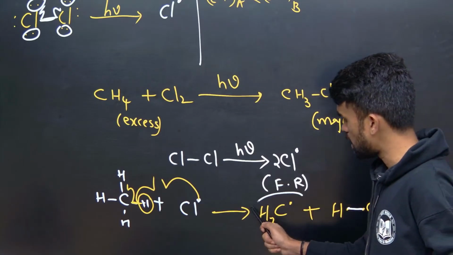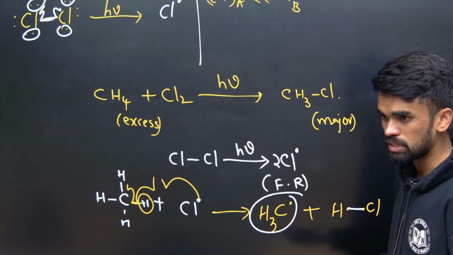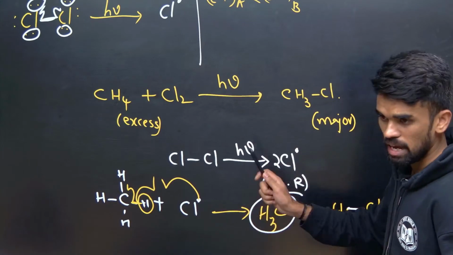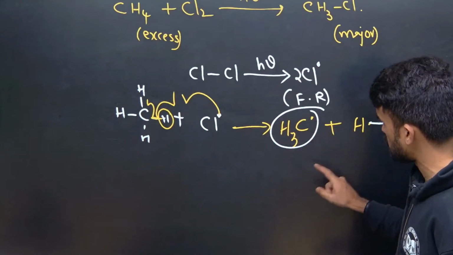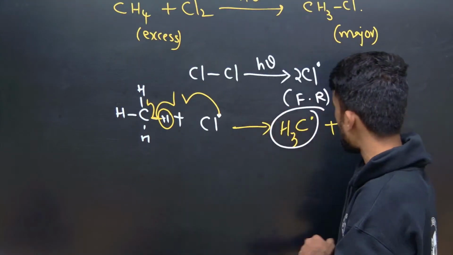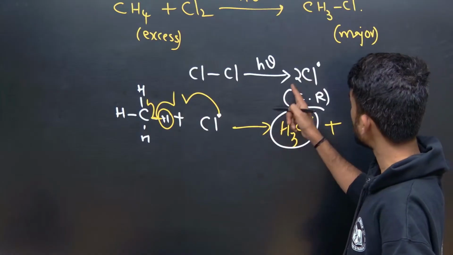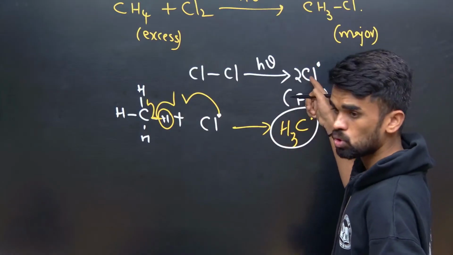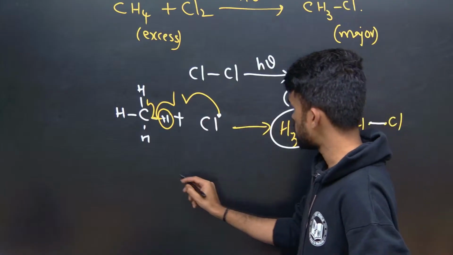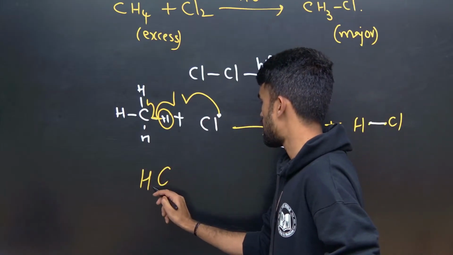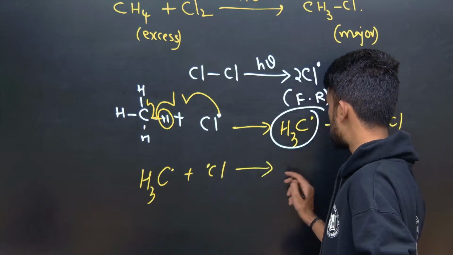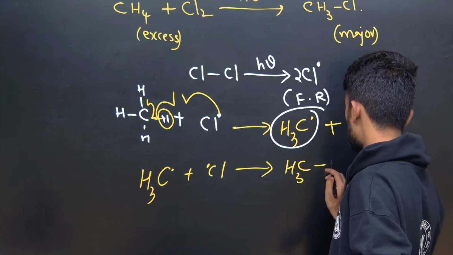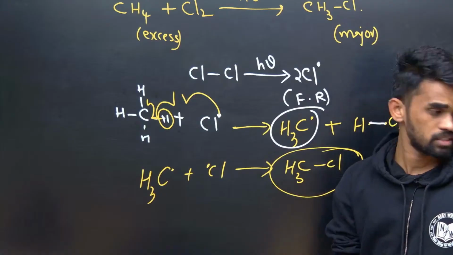This is again a free radical, which is reactive, and the reaction keeps on proceeding. I am not going to explain the complete mechanism here. The radicals we have are the methyl radical and the other chlorine radical from the second chlorine. The methyl radical plus the chlorine radical pair up and form methyl chloride.